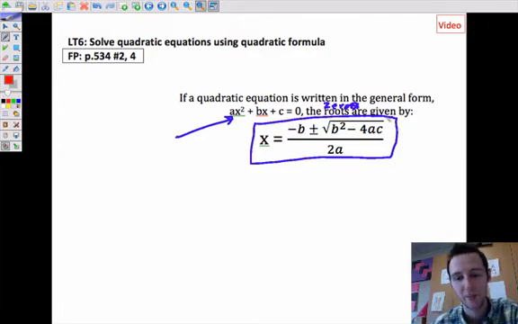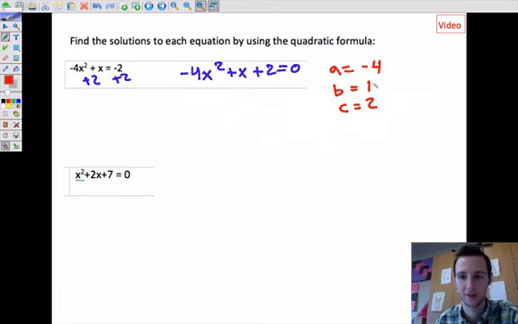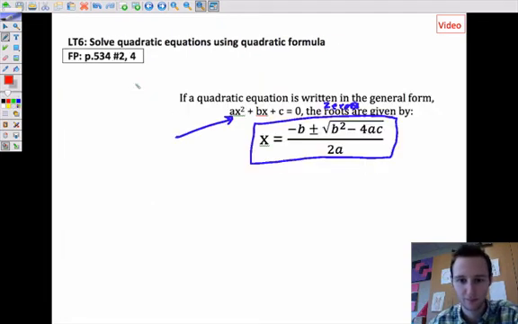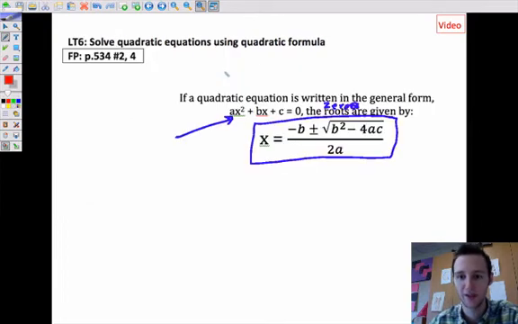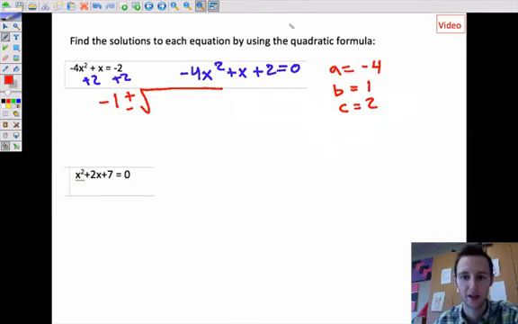So negative b plus or minus the square root of b squared minus 4 times a times c. So all I'm going to do is go, here's b, I'm going to go negative b plus or minus the square root of b squared minus 4ac. So b, which is 1, so b squared minus 4 times a, which is negative 4, times c, which is 2.